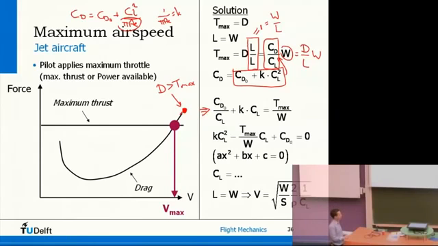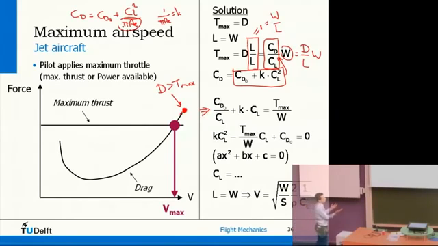Yeah, that's right. You get two answers, but you will see straight away that one of the two answers will not make sense. But I'll show you that probably in the next example. Typically you would get one very large CL and a very small one. And of course, the small CL is the one related to a small angle of attack, so that's where you fly fast.